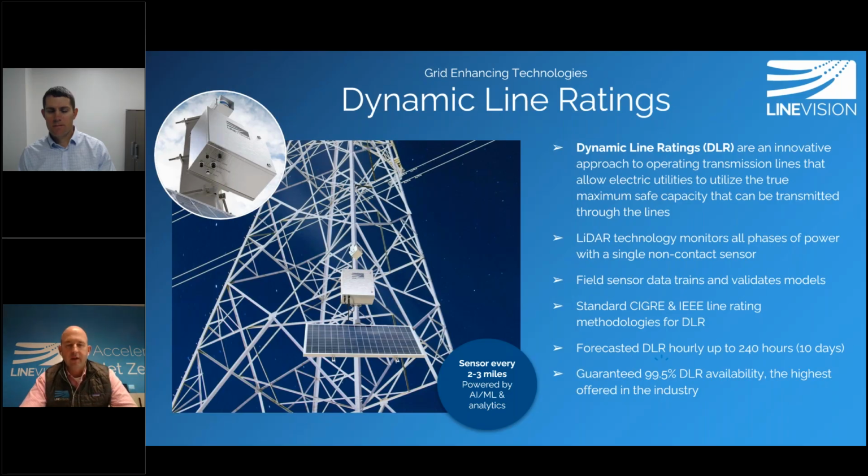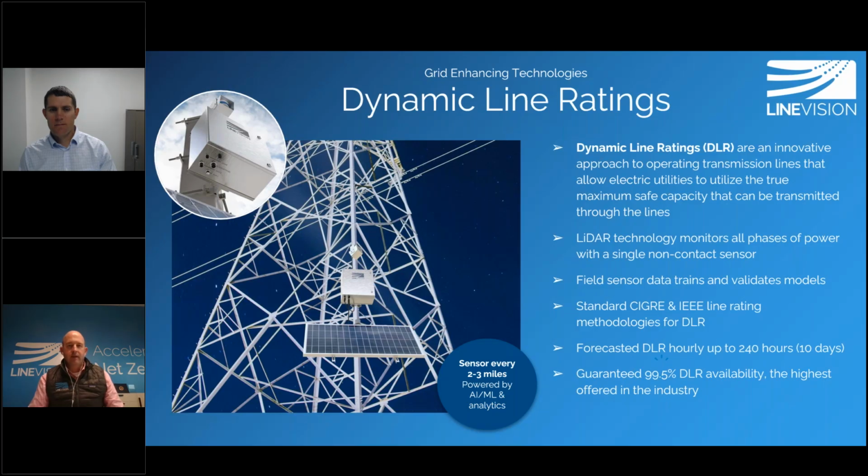We're collecting all of this data. And what we're doing with it is we're able to look at it in such a way that we understand what the conductor temperature is across the entire line. We don't need to install one of these sensors on every tower. One every 2 to 3 miles is sufficient using ruling span to get a good understanding of what that average conductor temperature is.